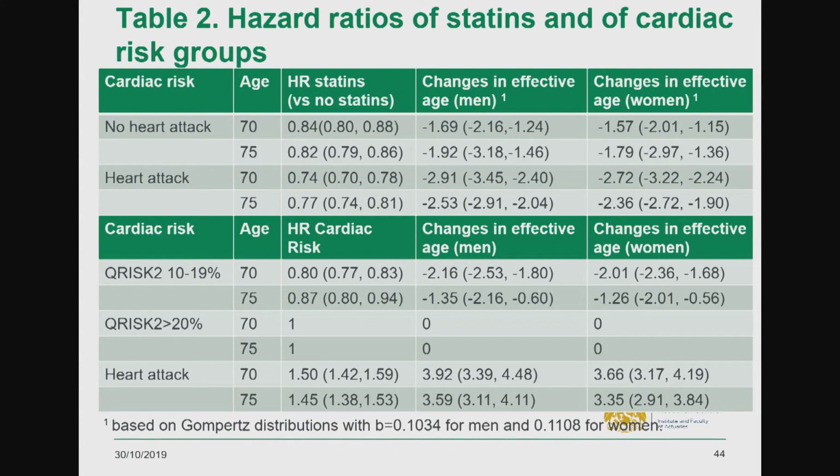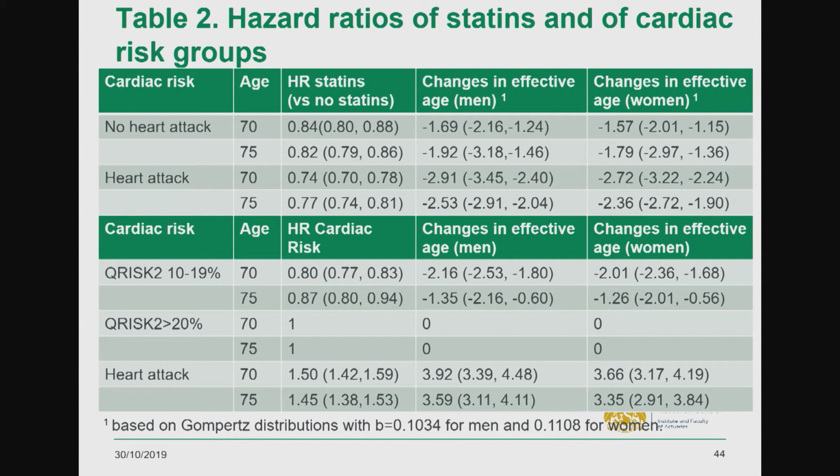Okay, now coming to the lower part of the table, we are looking at hazard ratios for death of cardiac risk groups. Our baseline group here is the group with moderate risk. So that's why you see 1 there. This is our baseline group, just because majority of people at older ages will be in that Q-risk group.